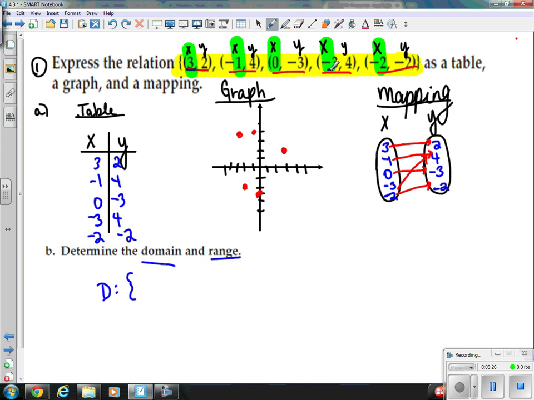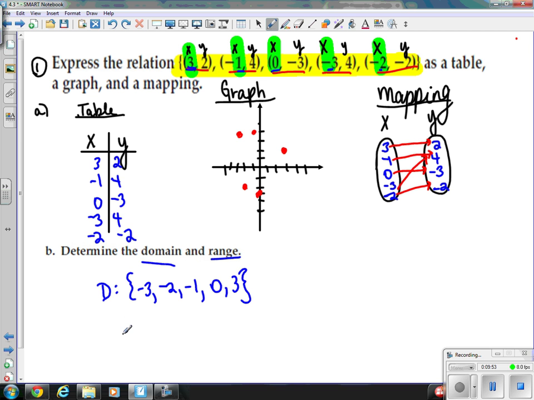Oh, -3 is our lowest x value. Then after -3 would be -2. After -2 would be -1. And then we have 0. And our last one is 3. And we close up our brace because we have all of our domain.